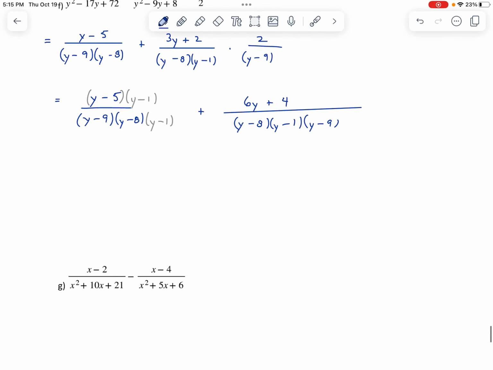I leave the bottom as y minus 9 times y minus 8 times y minus 1. On top of this one, I get y squared minus 5y minus y plus 5. And the other one doesn't change because it already had the common denominator.